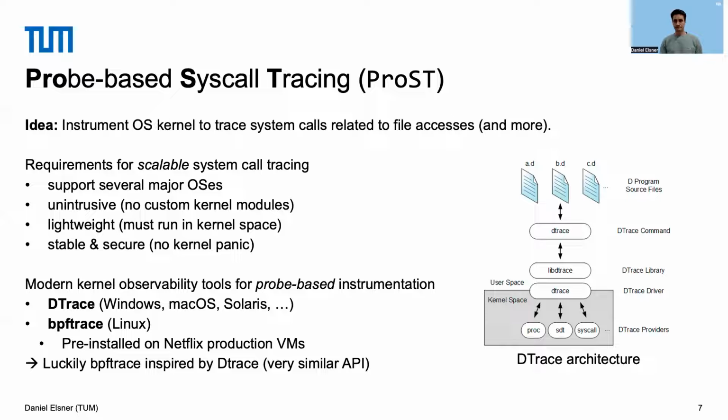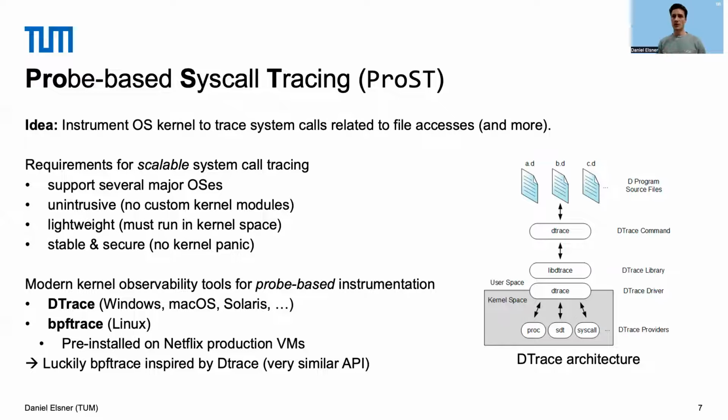And luckily, there are modern kernel observability tools for probe-based instrumentation of the kernel. Two of them, very popular, are dtrace for Windows, macOS, and Solaris. There's also a port for Linux, but that's less popular. And then there is bpftrace on Linux, which is extremely popular, or in general, the eBPF environment is very popular on Linux recently.